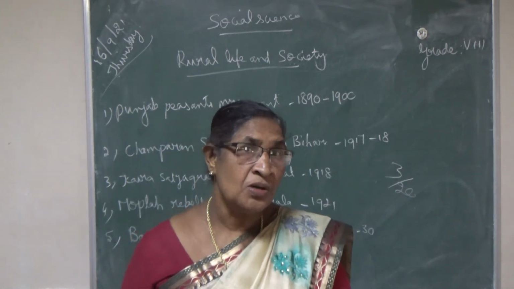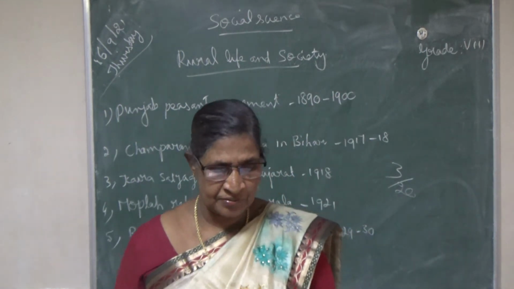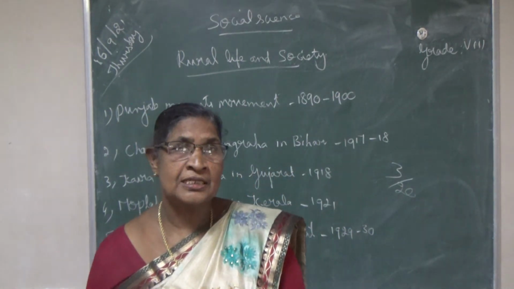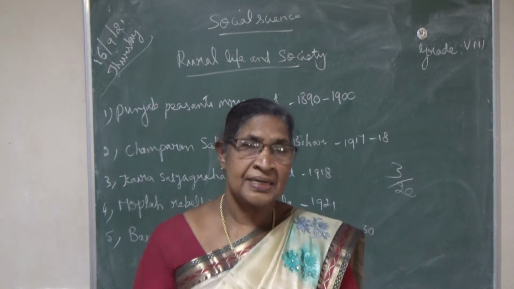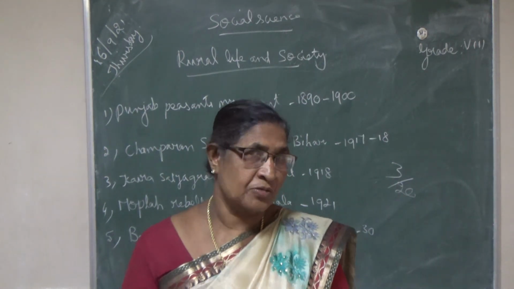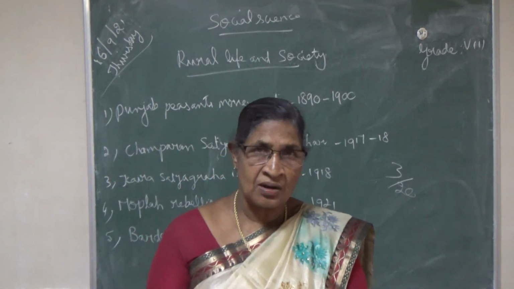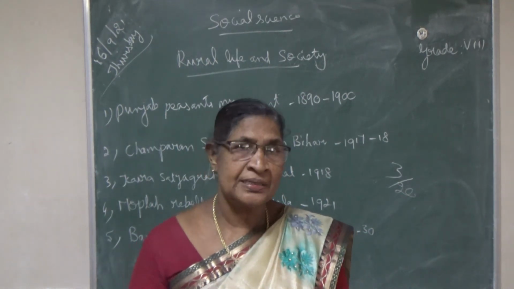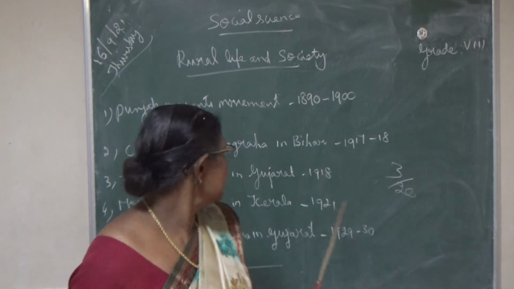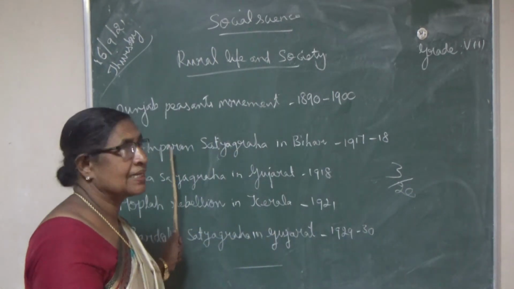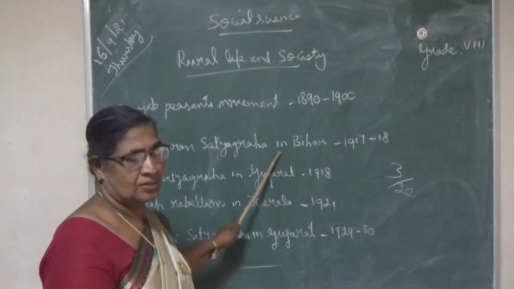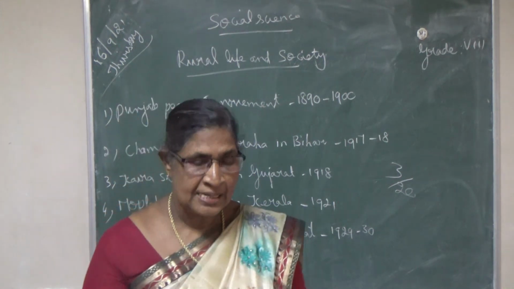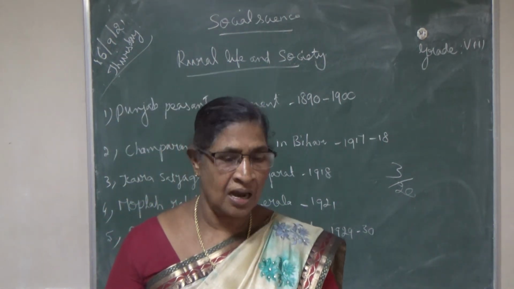Ultimately the Champaran Agrarian Act was passed. According to the Agrarian Act, the cultivators of Bihar got some relief. Champaran is the name of the place in Bihar. So this is about the Champaran Satyagraha movement.